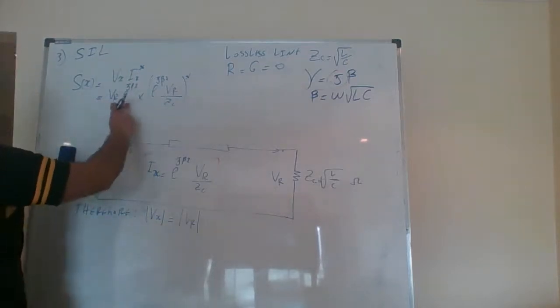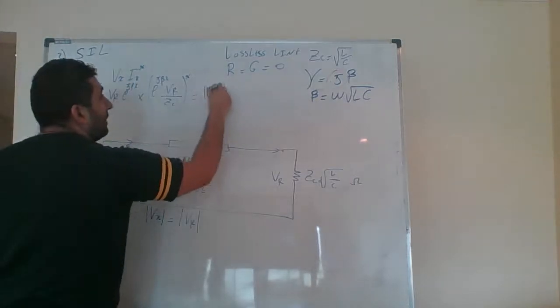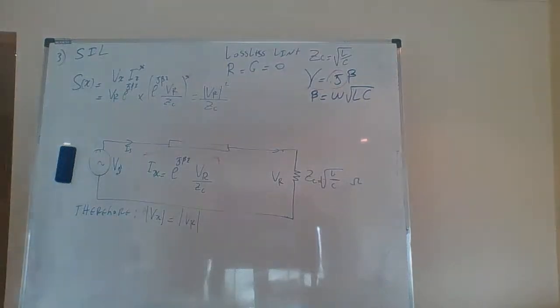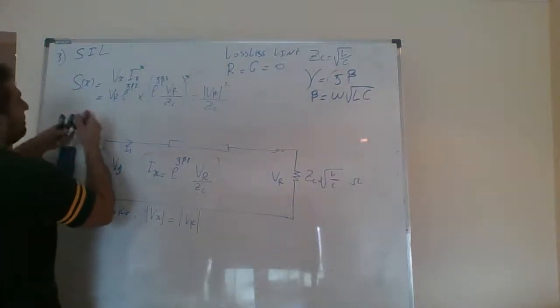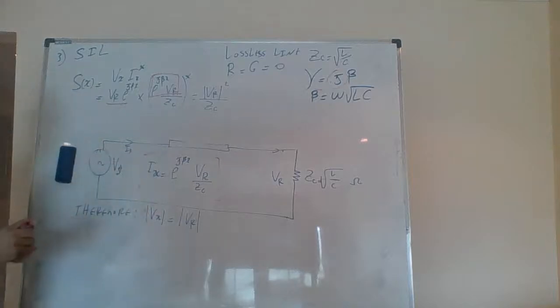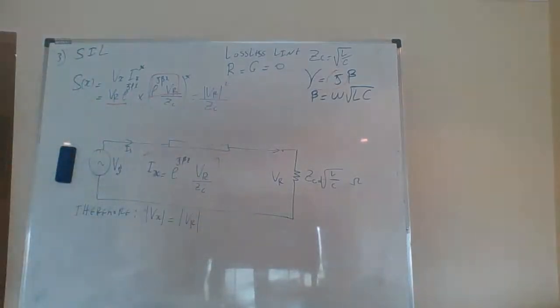So what do I have? I have VR magnitude squared over Zc. Because if you remember, a value multiplied by its conjugate gives you the magnitude squared, divided by Zc.